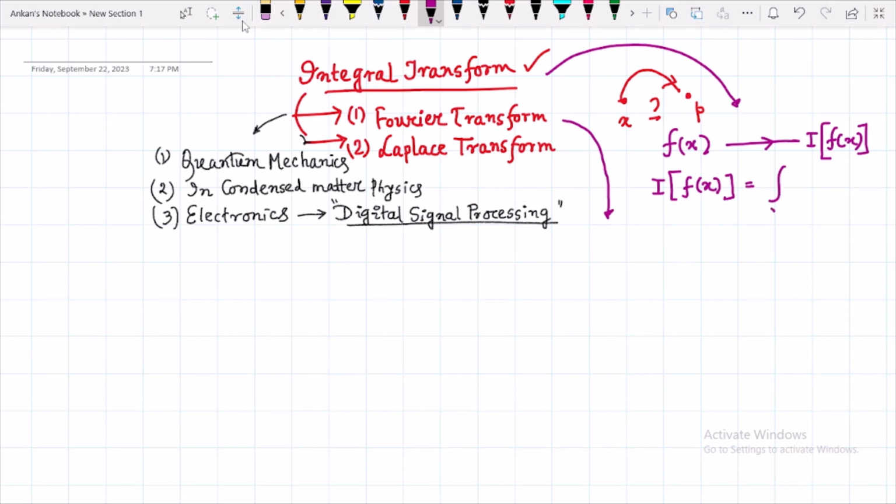Some limit is there, and the function, and this is the interesting thing. Sorry.